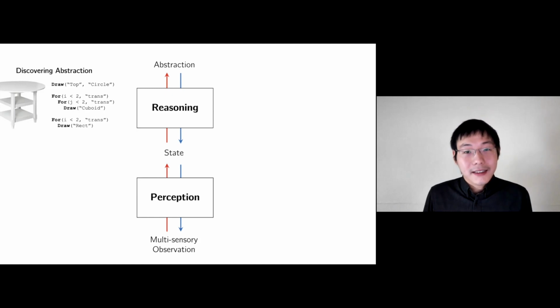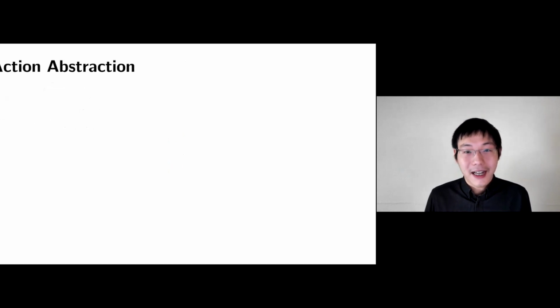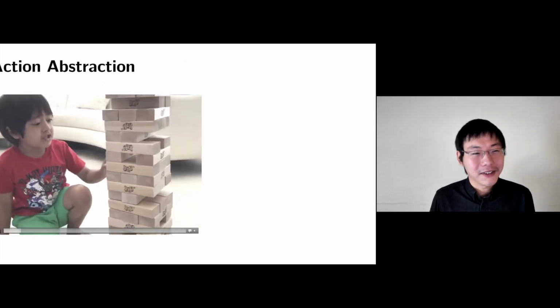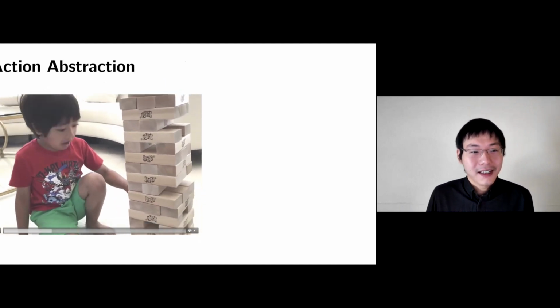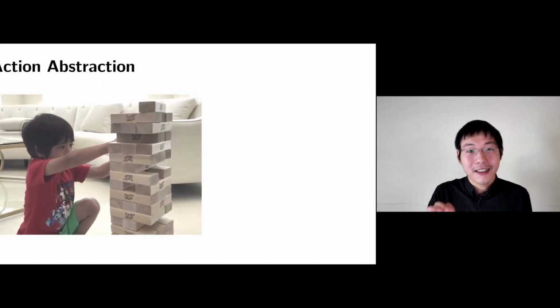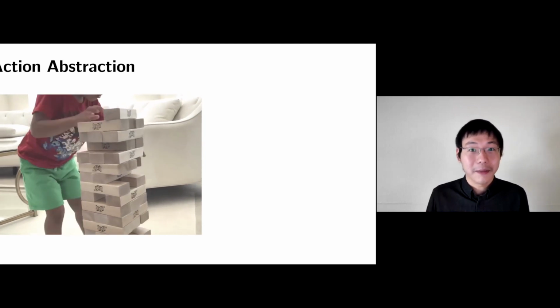This process does not only apply to the static environment, static images, static shapes, but the abstraction also exists in human actions. So here is, I think, a 5-year-old or 7-year-old playing the game of Jenga. Looking at what he's doing, he's first trying to identify which block is really movable, right? For some blocks that are not movable, he just gives up.